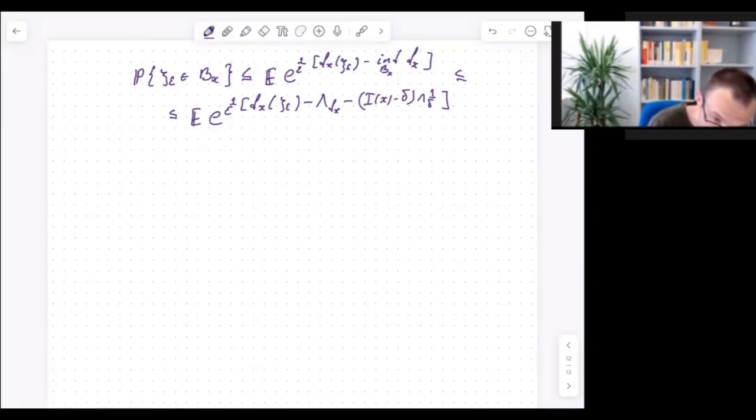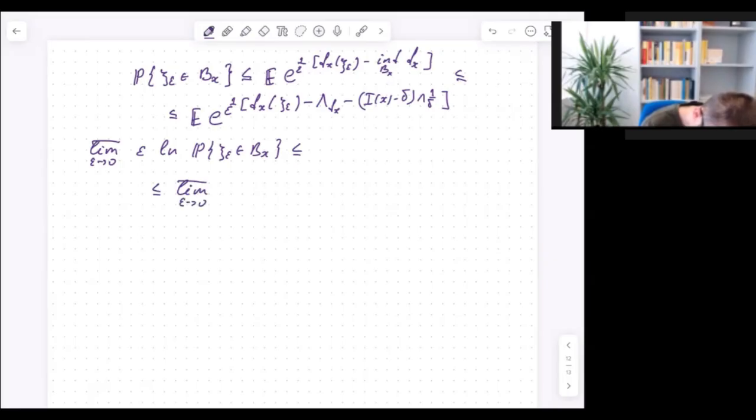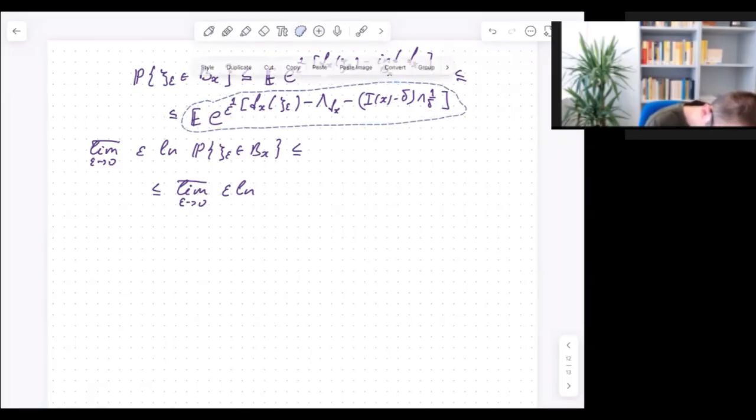Let's write that limit: as epsilon goes to 0, epsilon logarithm of the probability that psi epsilon belongs to B_x is less or equal than the lim sup as epsilon goes to 0 of epsilon logarithm, and then I will copy that expectation.